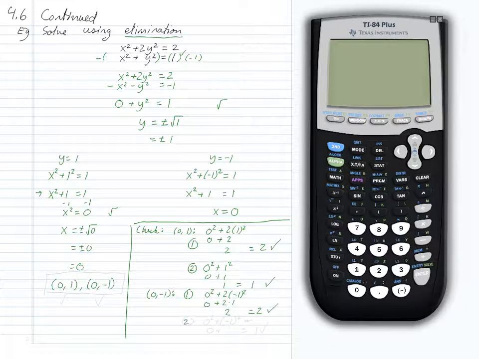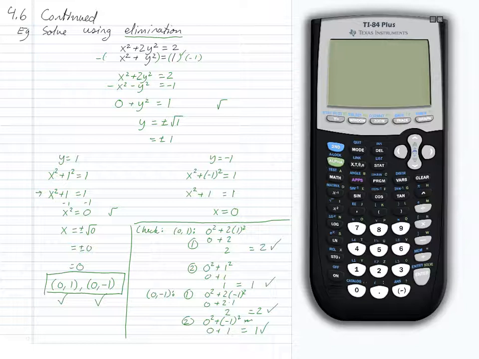In our second equation, 0 squared plus (-1) squared is equal to 0 plus 1, which is equal to 1. So both of these points satisfy, and that's our solution to this system.